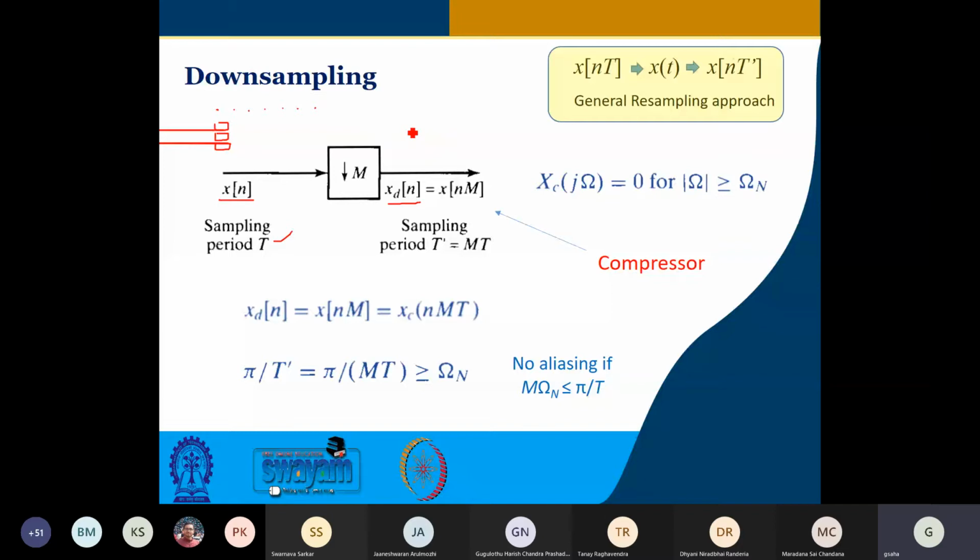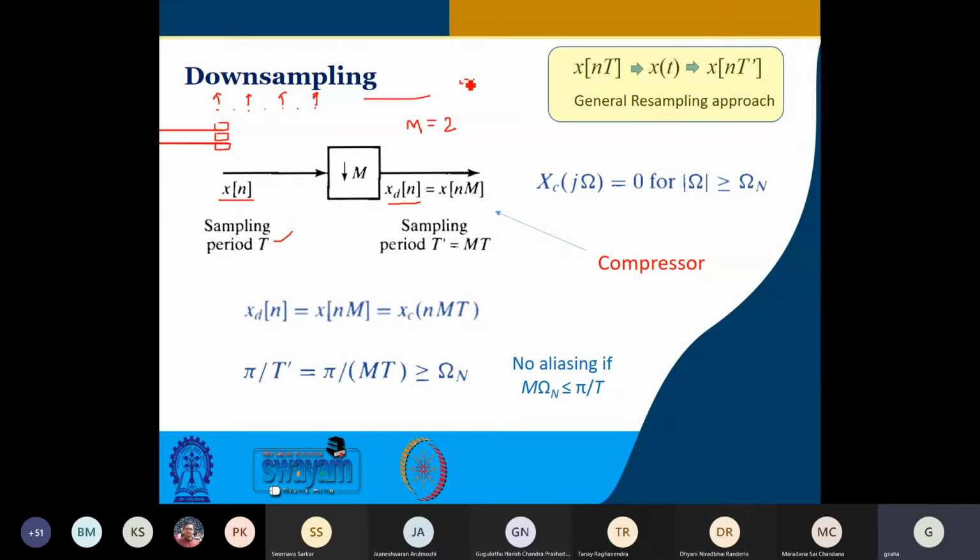If M is equal to 2, and this is your starting point, n equal to 0, then basically you pick up this one, then this one, then this one, and this one. Ultimately we know that it is sequence processing, so these values remain stored here.